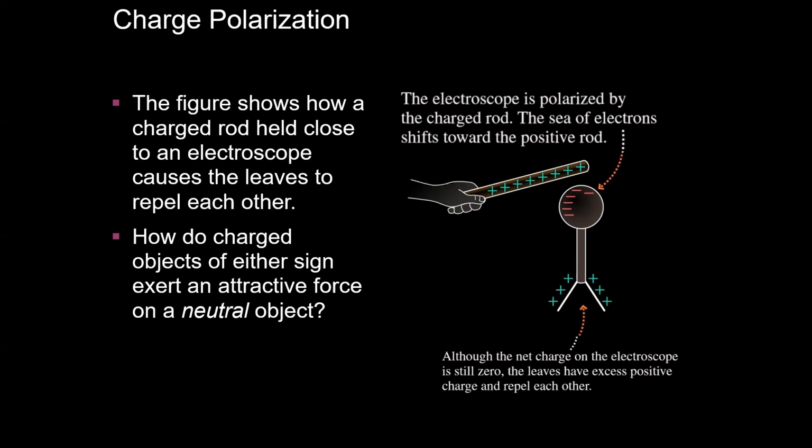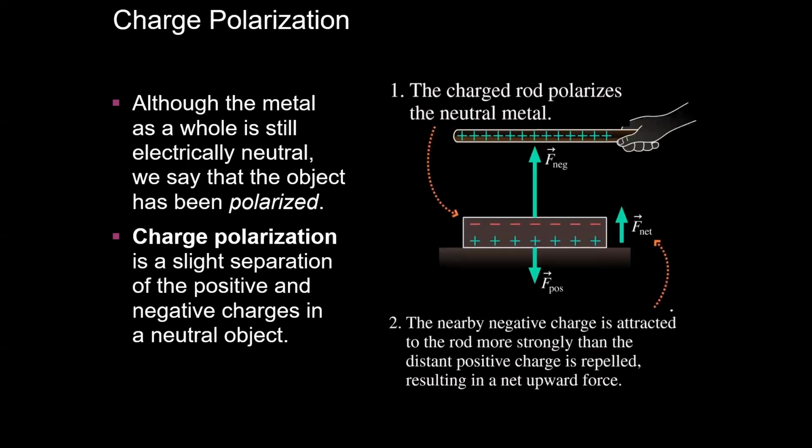Objects can be electrically charged and polarized, but they can also be neutral and polarized. Polarized is different from being charged.